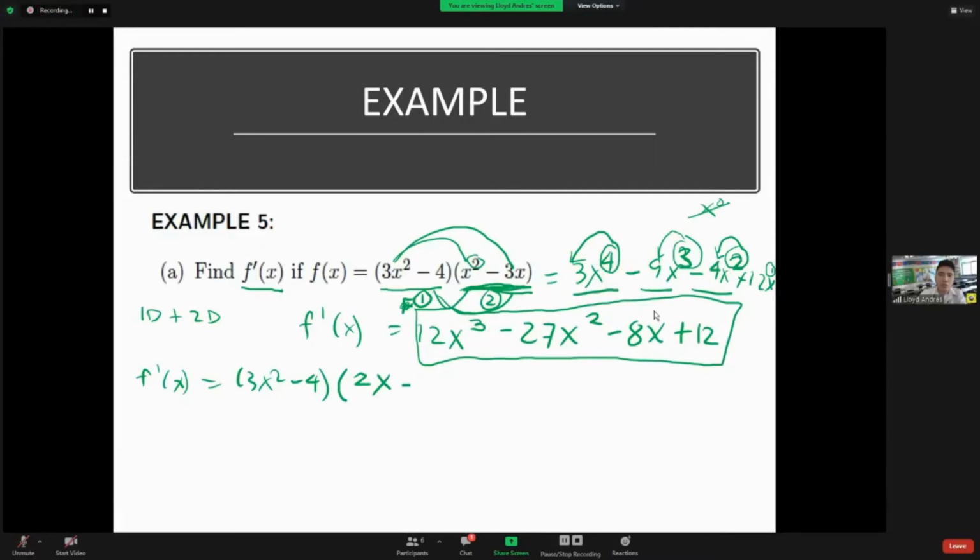Minus, diri na punta kay 3x. So, negative 3. Tapos, x, 1 man na. Ang 3x na to, minusan na to 1, mao 0 na. So, 3 na lang mabilin.